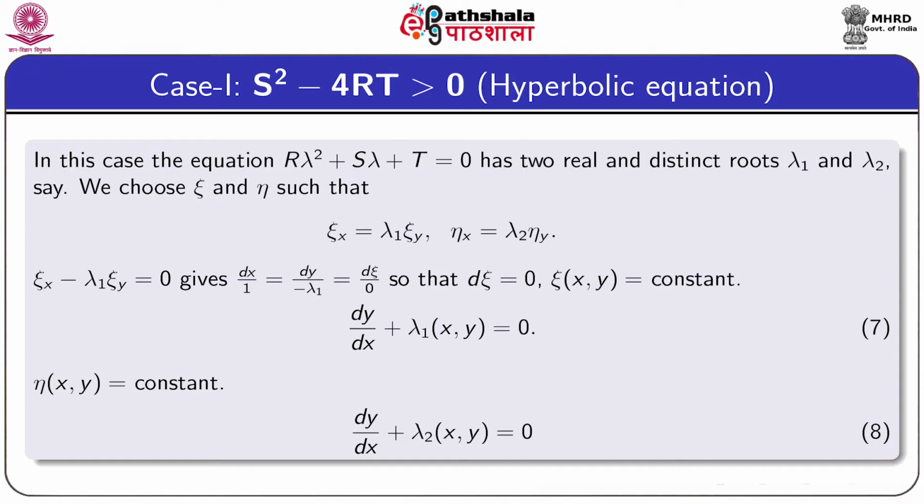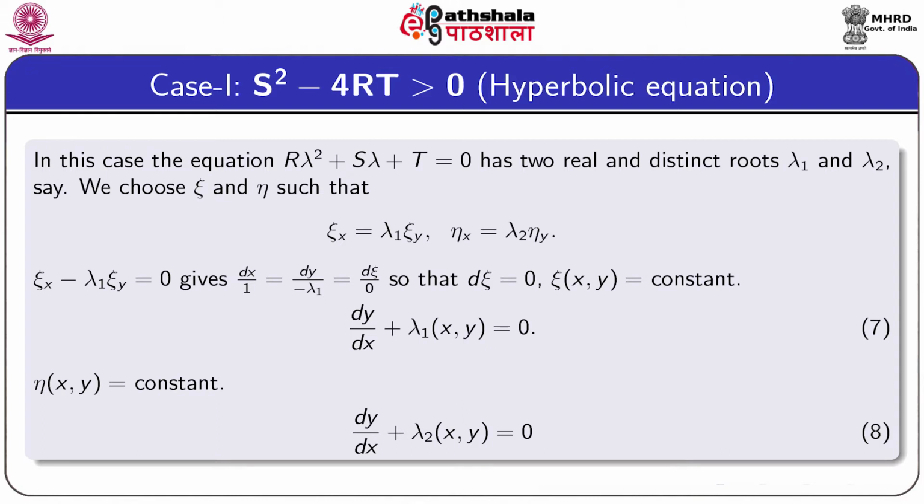Similarly, from the equation eta x equals lambda 2 eta y, we get a solution eta x y equals constant, and we get another equation dy by dx plus lambda 2 equals 0, which is written in equation number 8.